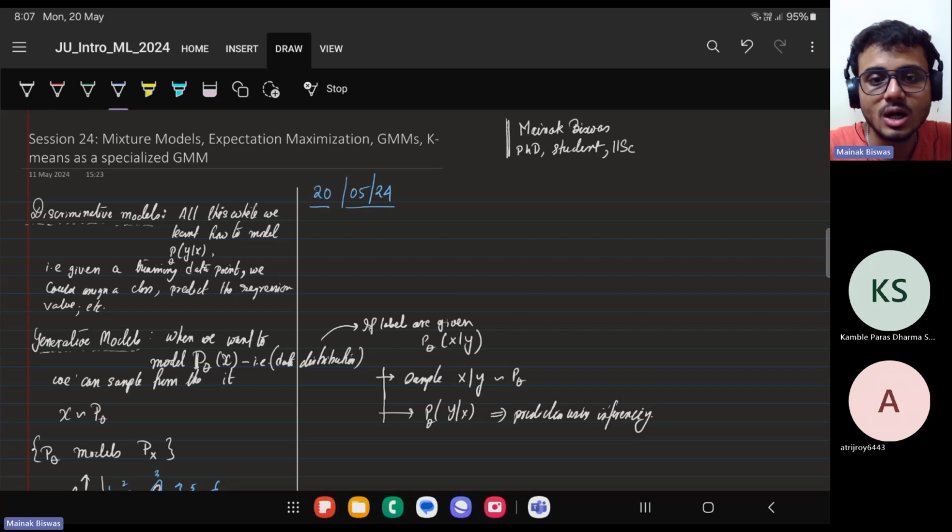This would also give you a grounding or a background to understand advanced models like VAEs as you go ahead and study more in these topics.